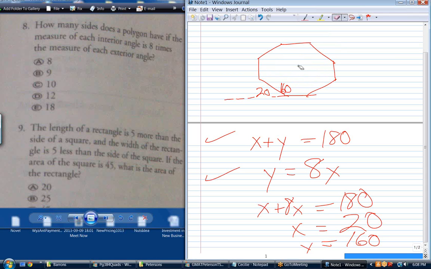If it was a 5-sided figure, it would be 540, but if it was a 6-sided figure, it would be 720. So let's create the triangles inside the polygon, and then we'll know how many triangles there are going to be.